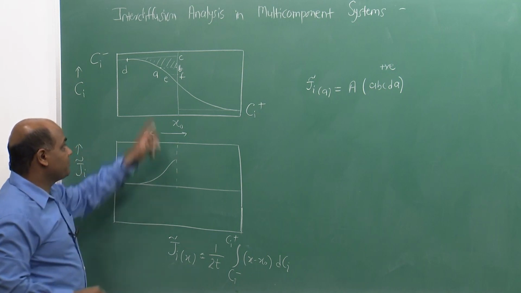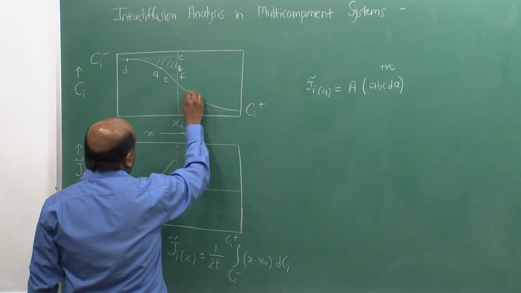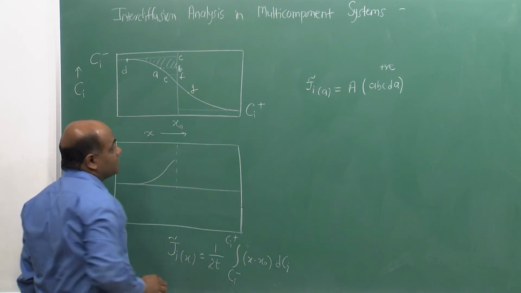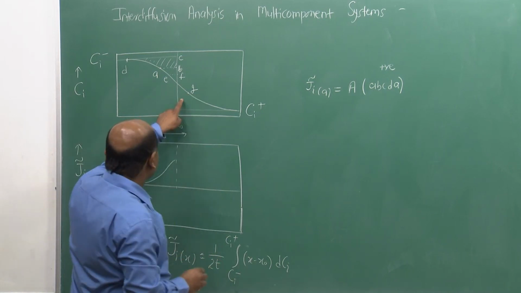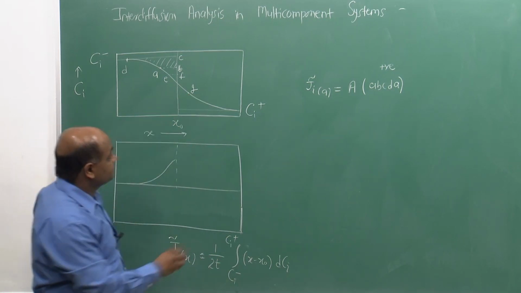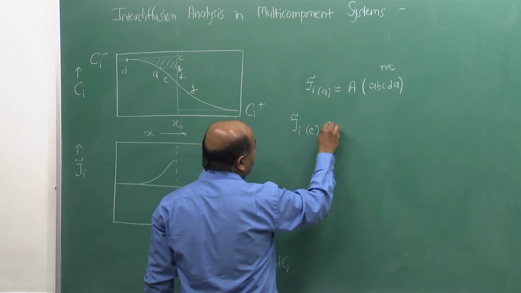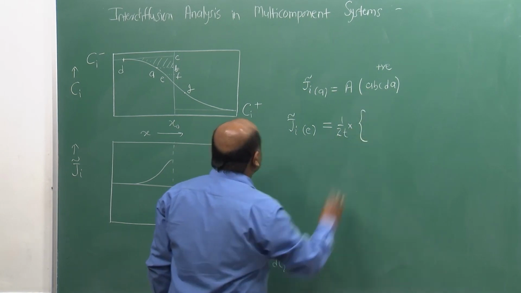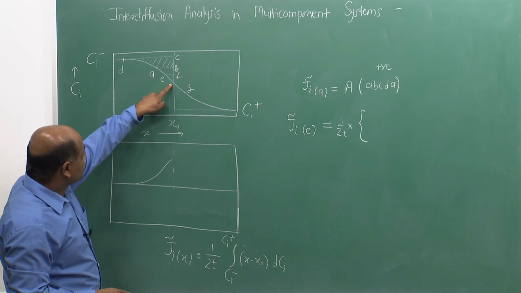Now, what happens beyond x naught? If we consider any position, let us call this as G here. So, for this, Ji tilde at G would be 1 over 2t times, we first need to integrate up to x naught.